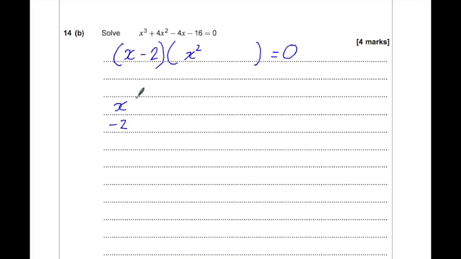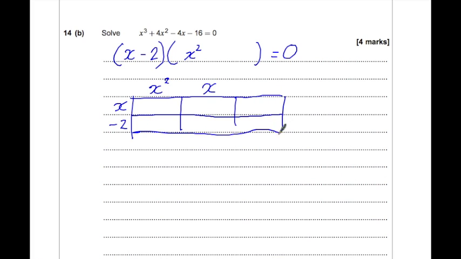I'm saying then that x minus 2 times by some x squared, some x's and some number. By my grid method, this box must contain that cubic. So x cubed must go here, and that must mean minus 2x squared goes there.